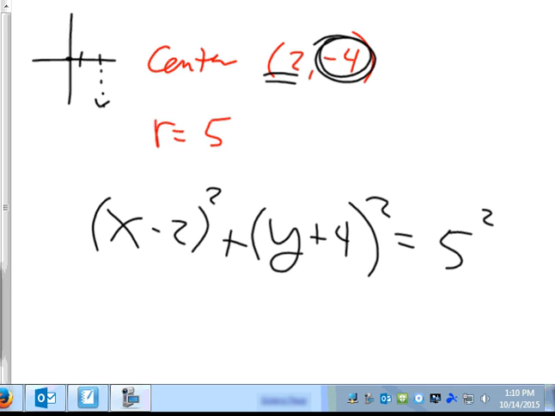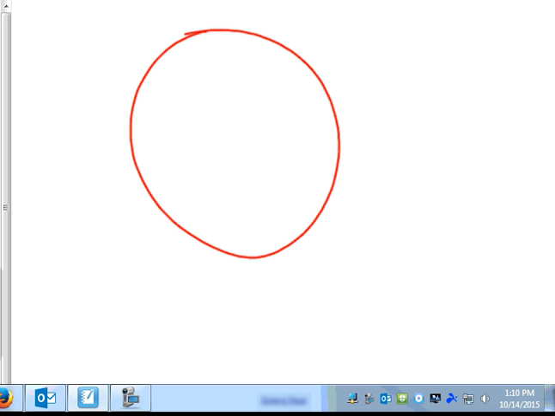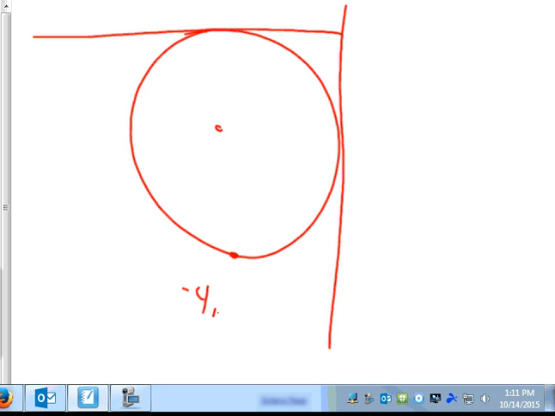The only other thing is, if I draw a circle for you, let's say it's touching like that, and I say that this point right here, straight underneath at the bottom of the circle, is at -4, -8.